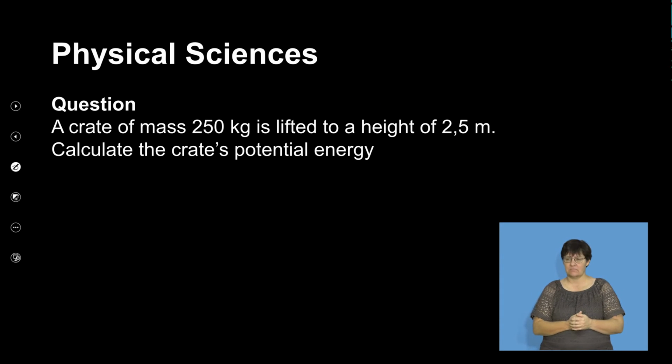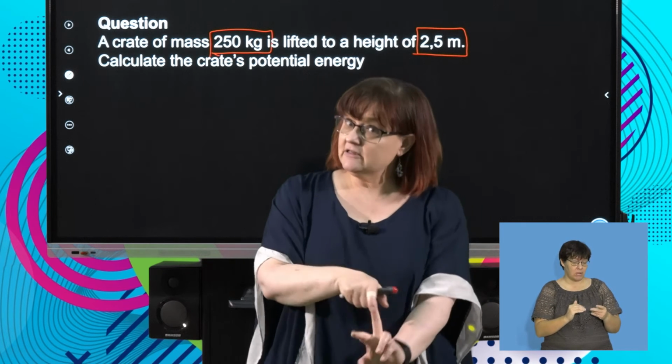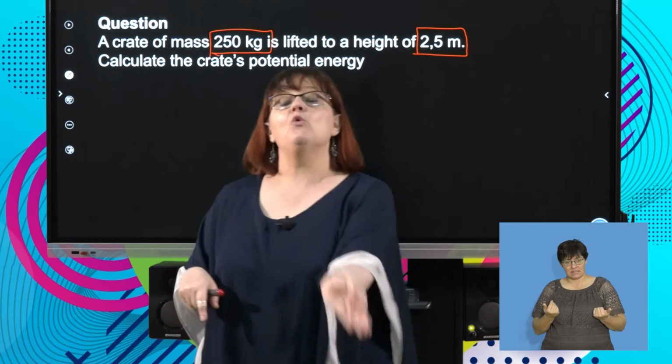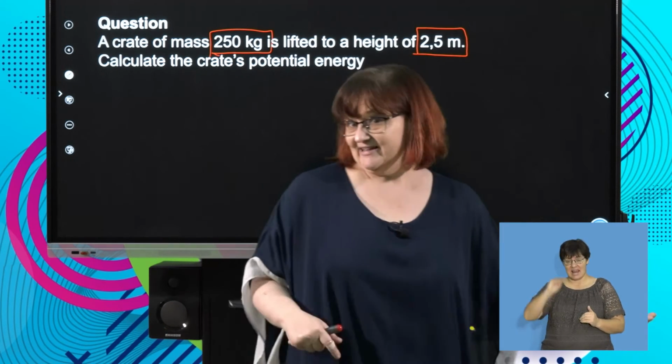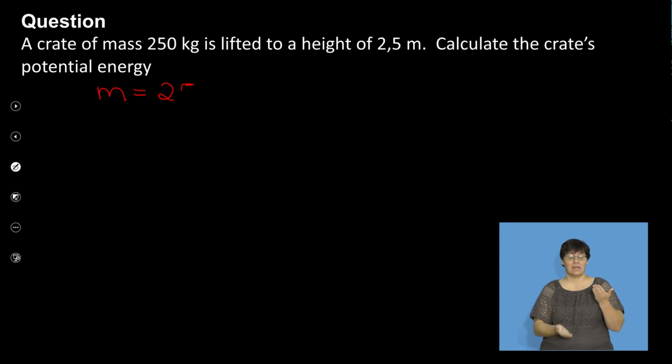A crate of 250 kilograms is lifted to a height of 2.5 meters. Now here I've got a smaller height and a smaller mass. I'm going to expect a smaller answer than what I just had. Let's see if that's what happens. Mass, 250 kilograms.